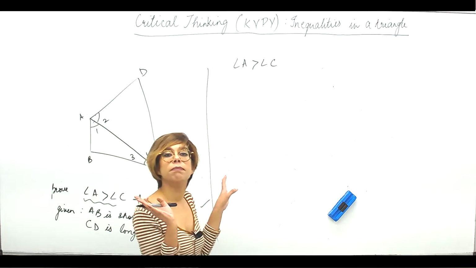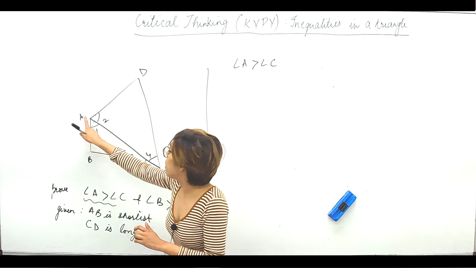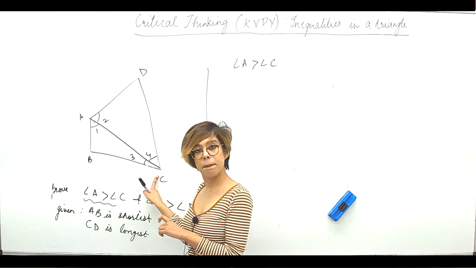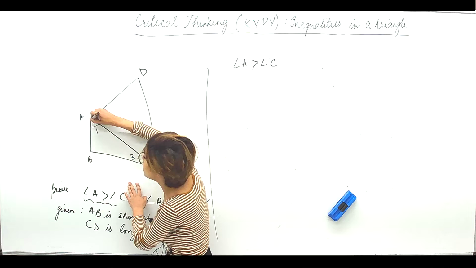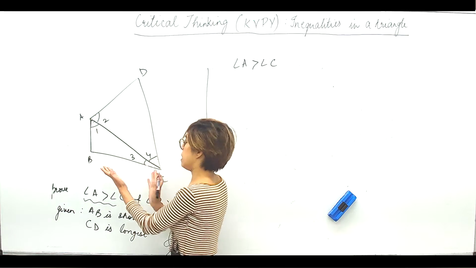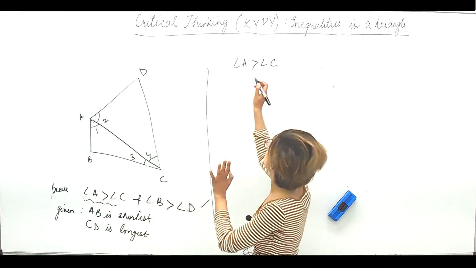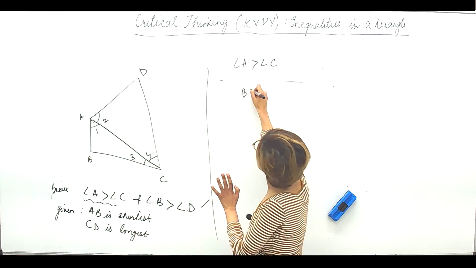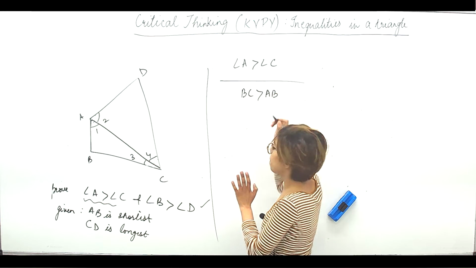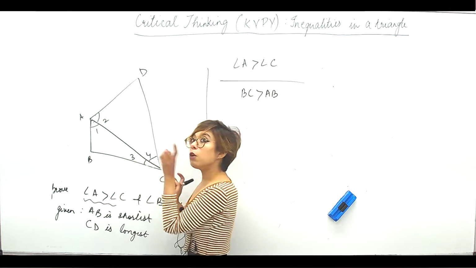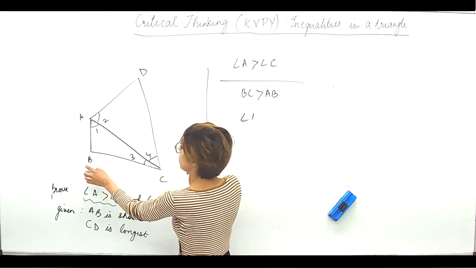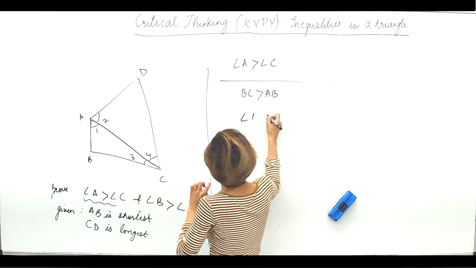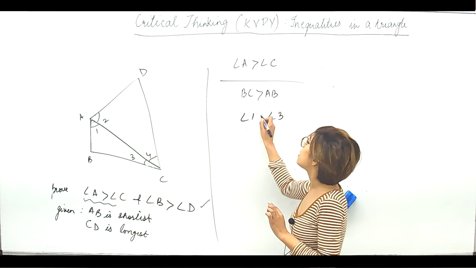Consider triangle ABC. Now I know that AB is the shortest side, so clearly BC will be longer than AB. Now these are unequal sides. Which angle is opposite? Angle 1, and opposite AB is angle 3. So can I say that angle 1 is greater than angle 3?